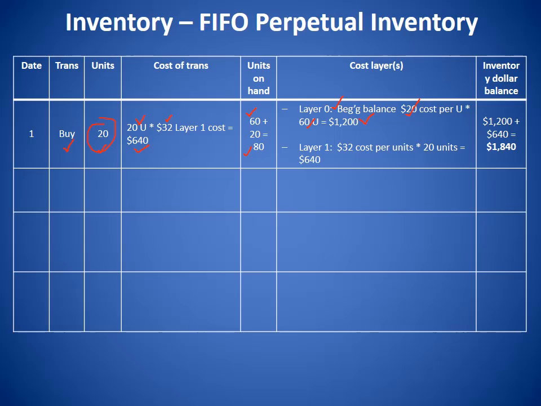In this case, the cost per unit is $32 times the 20 units, and that equals $640. So now we have our beginning layer, layer 0, plus layer 1 cost of $640. So our total value now in inventory is $1,840.